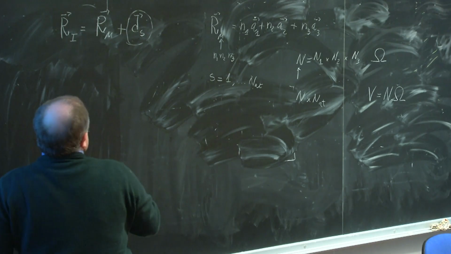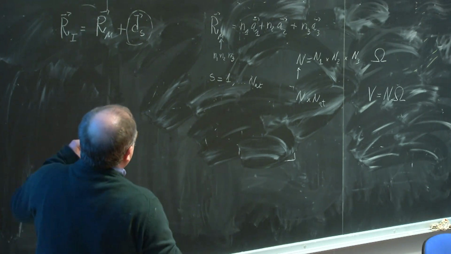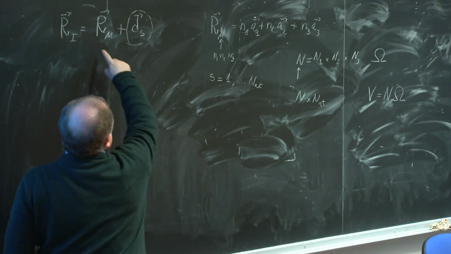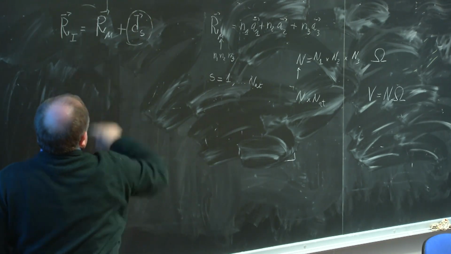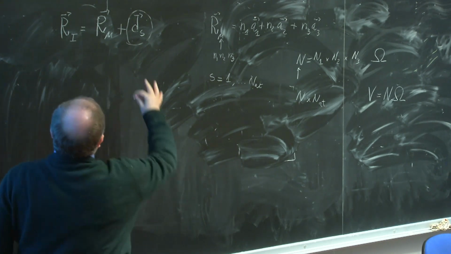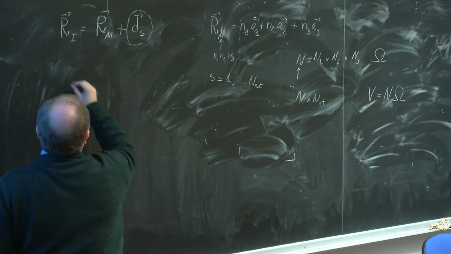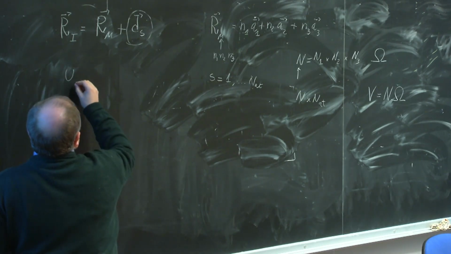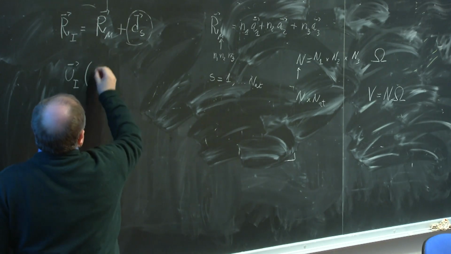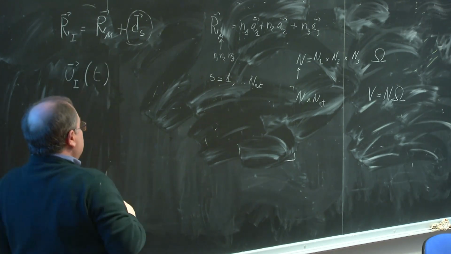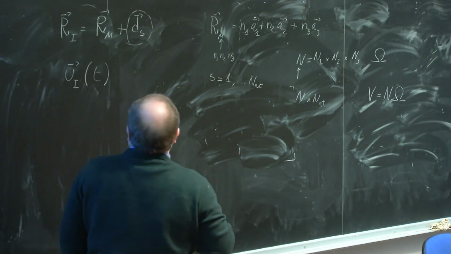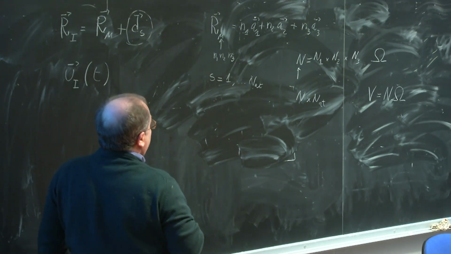So to describe our problem, we introduce the displacement of the atoms from their equilibrium position. We assume that the atom makes a small oscillation about this equilibrium position, and we introduce a vector u_i for each atom that depends on time, and that gives the instantaneous position of the ions as a function of time.